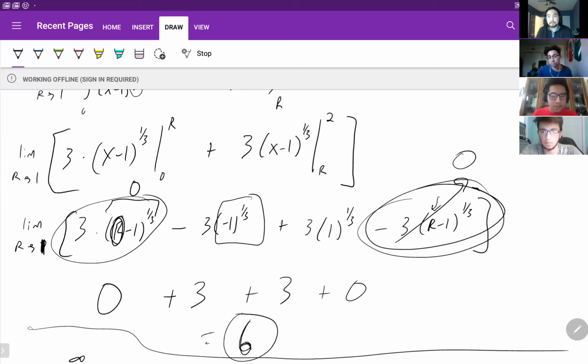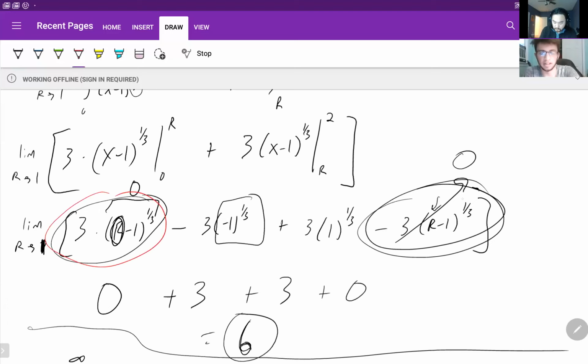Hey John, can you redo the part where you got 0 again? Because I wasn't paying attention. Okay, you're talking about right towards the end, those two pieces? Yeah, so we have to apply the limit as r goes to 1 to the whole line now, right? I don't need to look at these two pieces because they don't have r's in them.